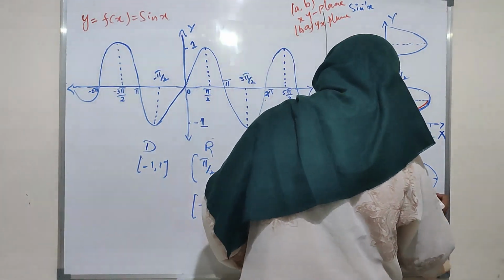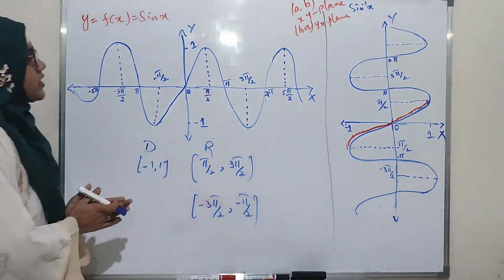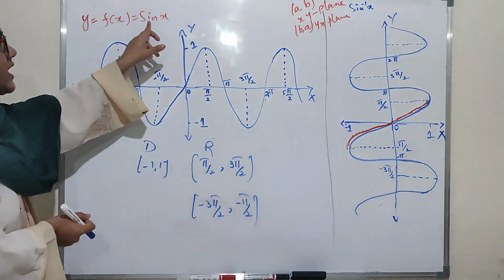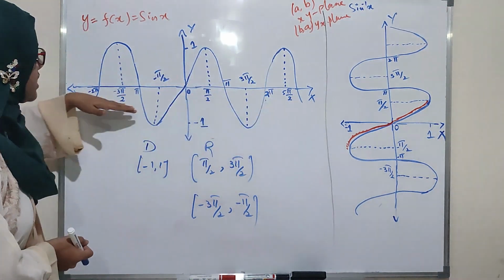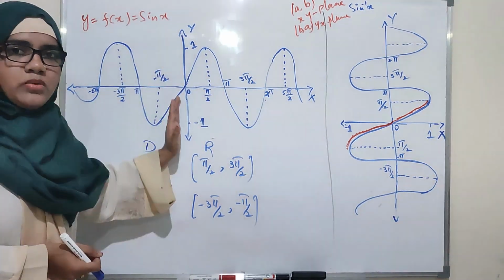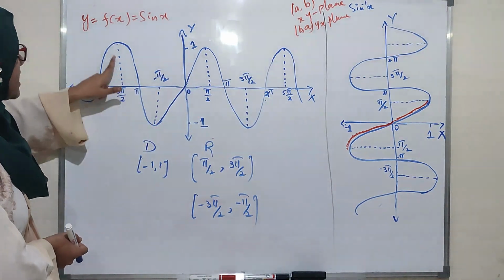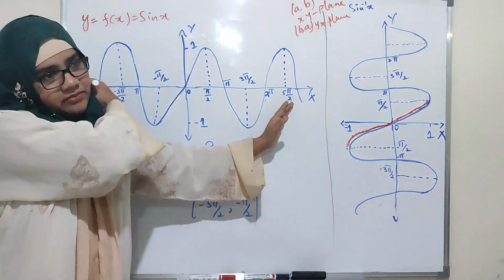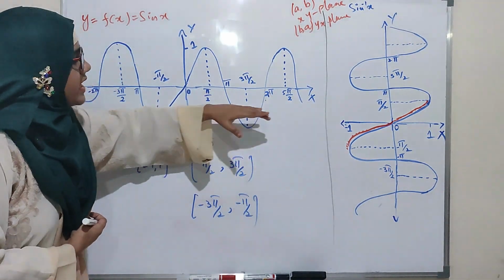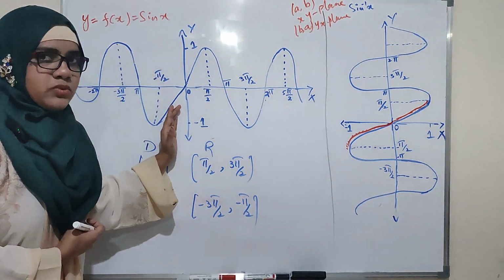Once again I will explain, I will repeat. Here we have the natural domain and range of sin x. The x values are real numbers and the y values are from minus 1 to plus 1, and the graph lies between plus and minus 1.